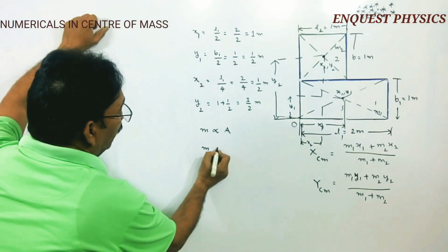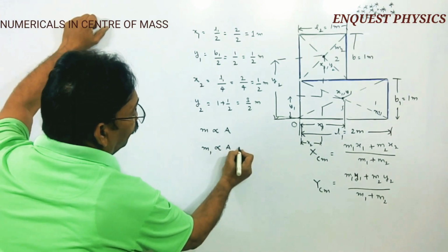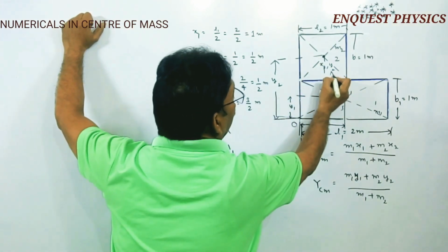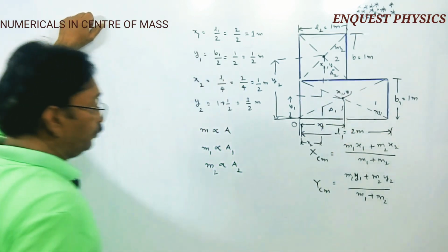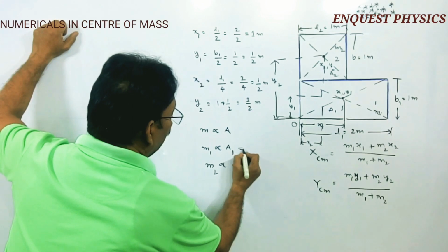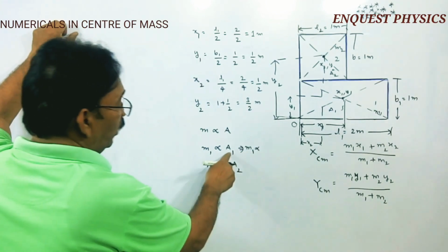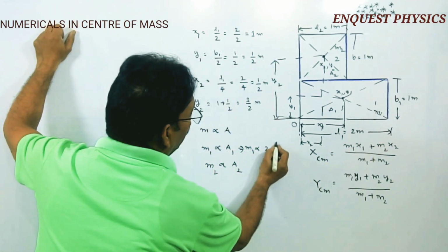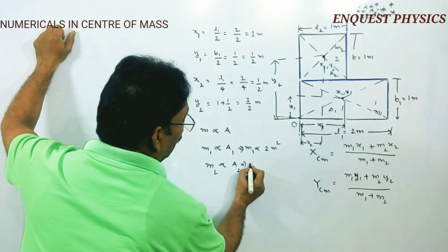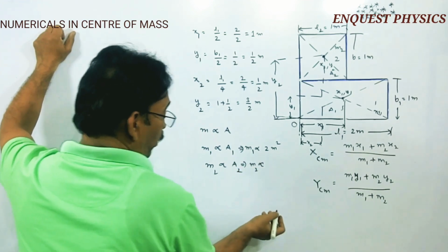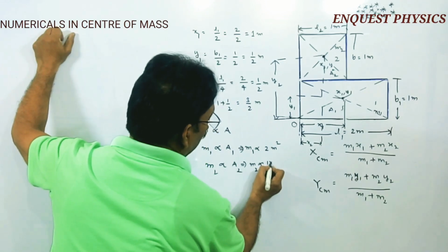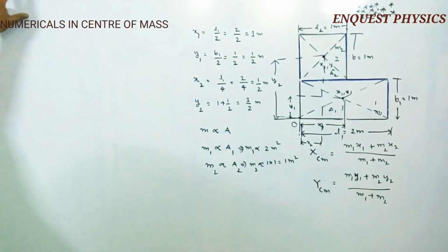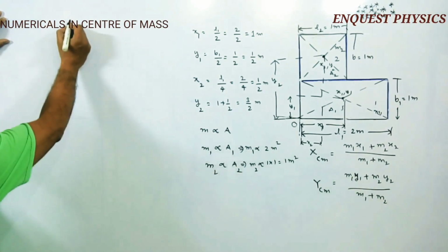That means m1 is proportional to a1, and m2 is proportional to a2. a1 is the area of this plate and a2 is the area of the other. So m1 is proportional to 2 into 1, 2 square meter, and m2 is proportional to 1 into 1, 1 square meter. We have the areas and the masses, then we put the values in.